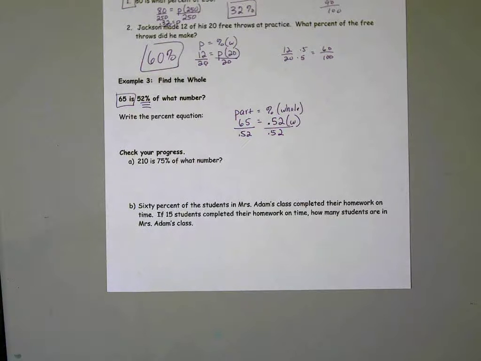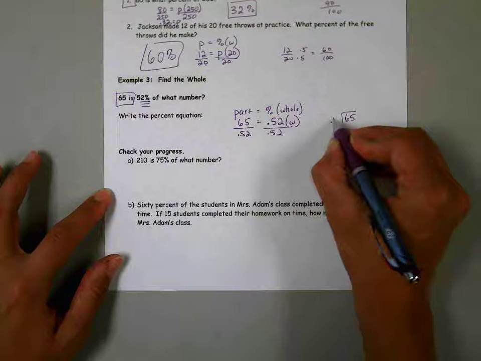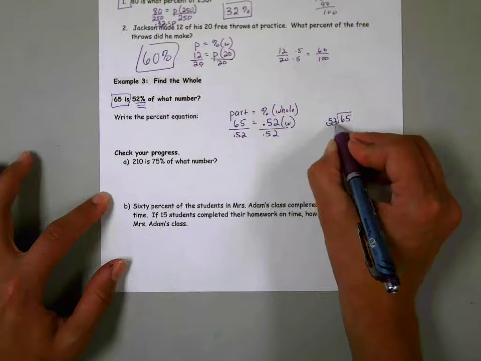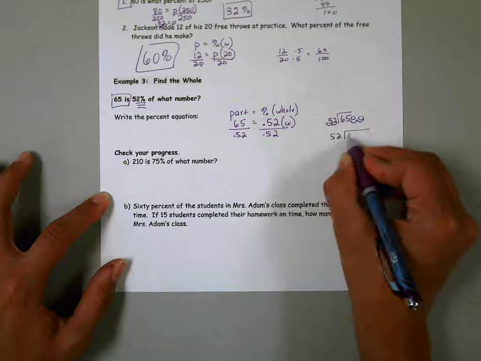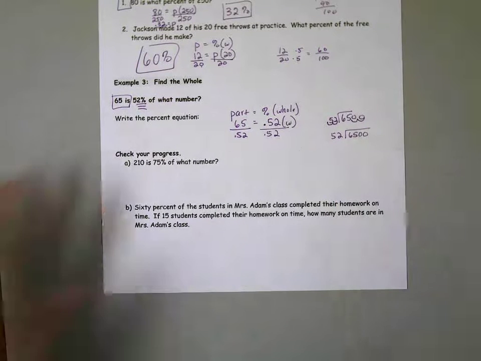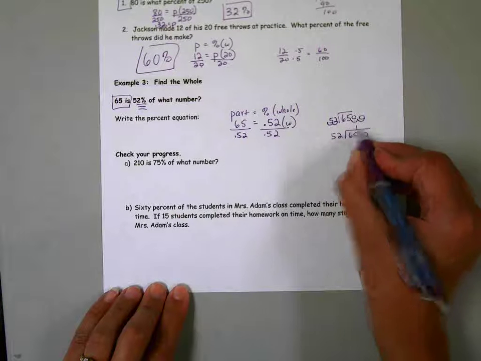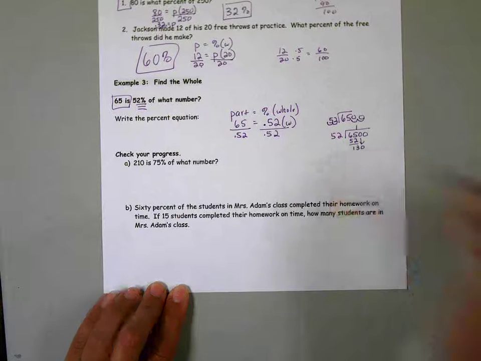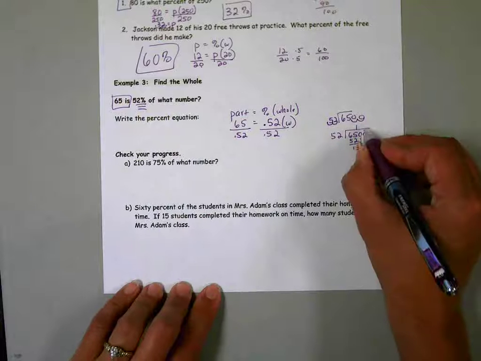Now remember, when we divide by a decimal, if you want to show your work over here, when I divide, it's going to look like that, and I have to move that decimal 1, 2, 1, 2. So I'm really dividing 52 into 6,500. 52 goes into 65 one time. Bring down the 0. 52 goes into 130 two times.